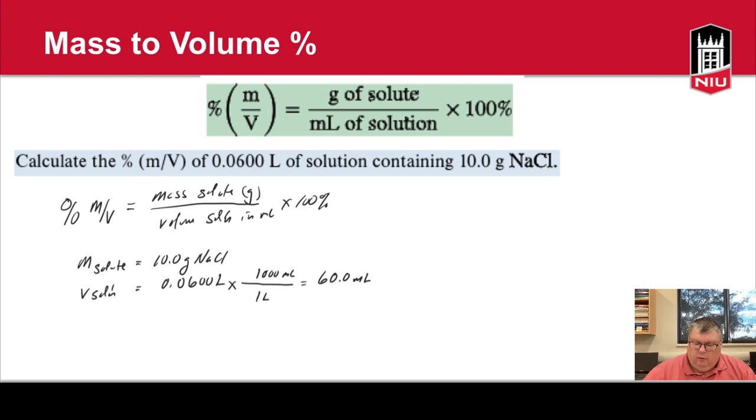So now, let's plug this in. 10.0 grams of NaCl over 60.0 milliliters times 100 is going to equal 0.167%. Sorry, I forgot to multiply by 100. 16.7%.